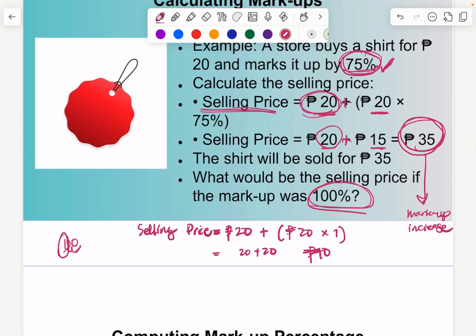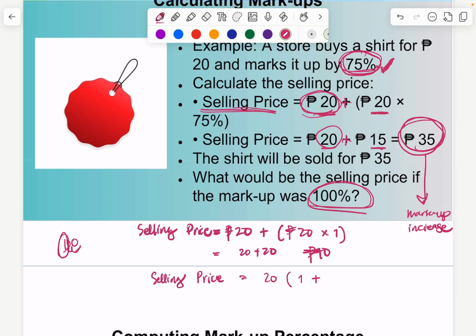You can also use the old formula that we've always been using, like, okay, we can have selling price is equal to, so you have your old price 20 times 1 plus your markup rate, or we can also call that inflation rate.